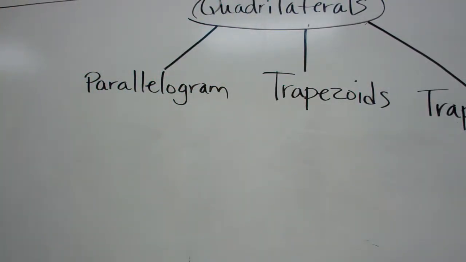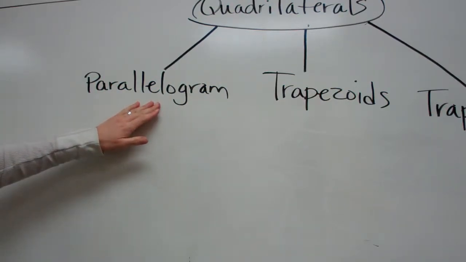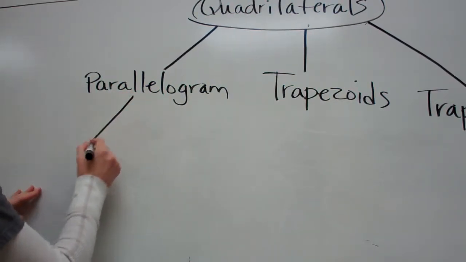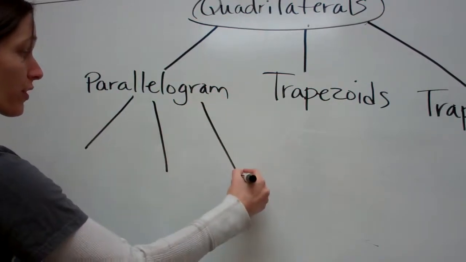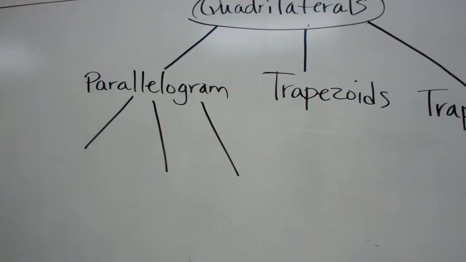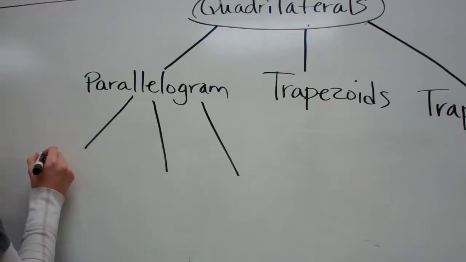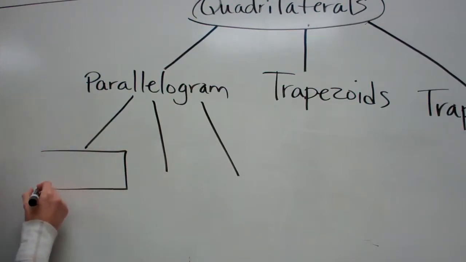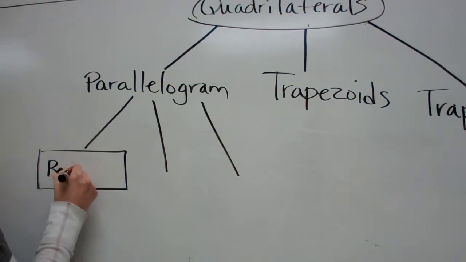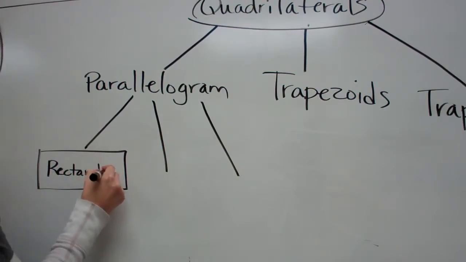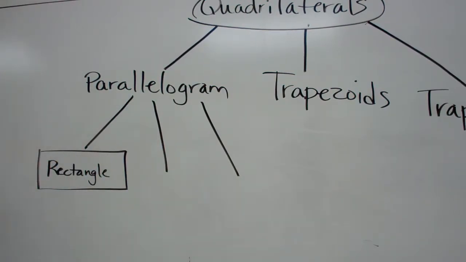Now, guess what? Within our parallelogram, we have 3 others. Okay? And these are normal ones that y'all completely get. One of them is a rectangle. Okay? Is this rectangle a parallelogram? Yes. Because we have 2 pairs of lines that are parallel, right?